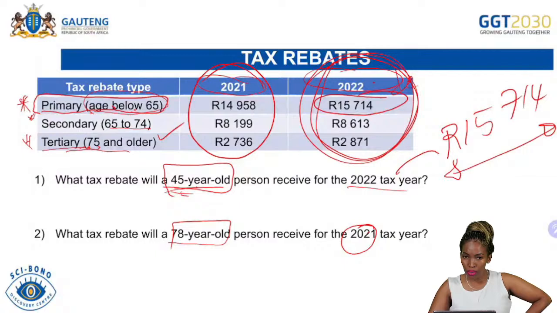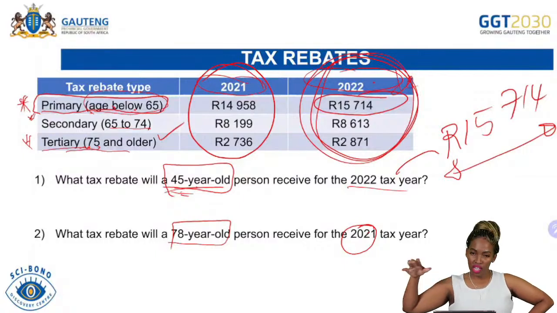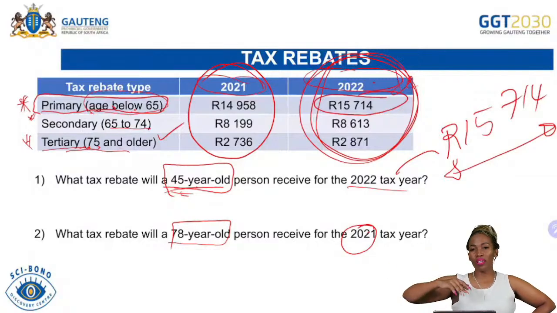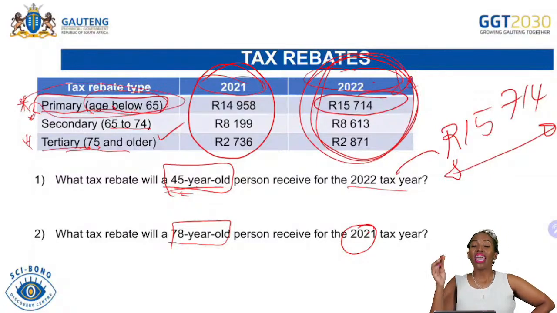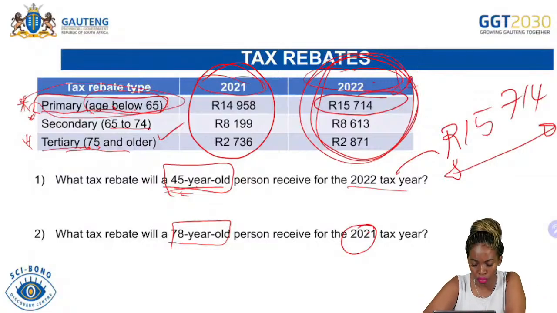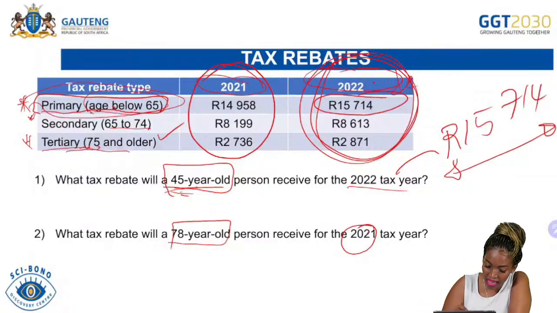You go to primary school, and then you go to secondary school, and then you go to tertiary school. You don't just wake up and say, I'm going to secondary. Everything must start at primary. That's why you are saying everyone gets primary. Even in life, everyone must go to primary school. So the rebate that this person is at is tertiary rebate.